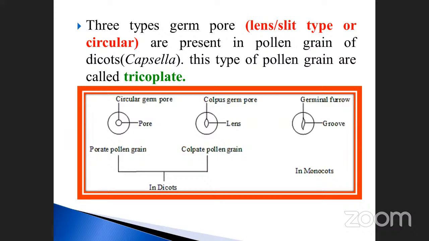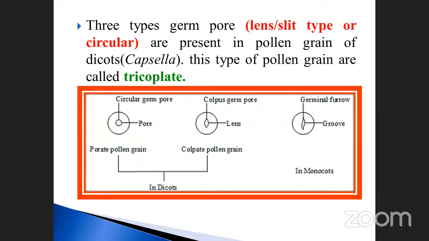The germ pores exist in three forms: lens type, slit type, and circular type, present in the pollen grains of dicots, particularly Capsella. Suppose these three types of germ pore are present in a single plant, this type of pollen grain is called trichotomocolpate.